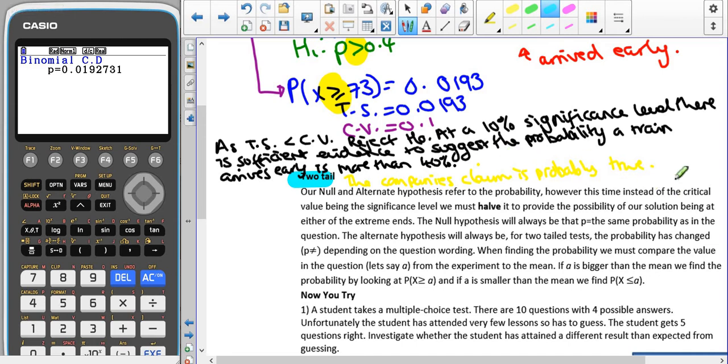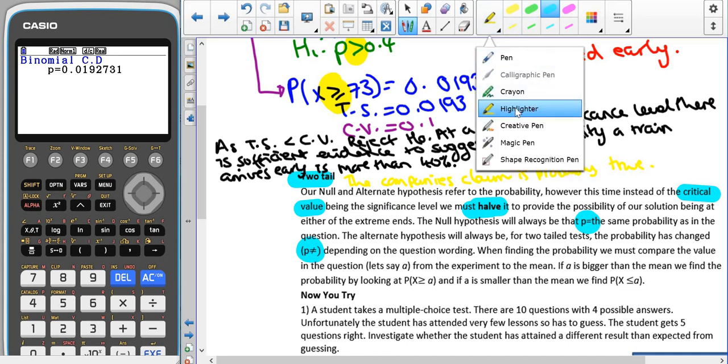However, this time, instead of using the significance level as the critical value, the critical value is going to be half of the significance level. The reason for that is that this time our H0 is going to be that the probability is equal to whatever the probability in the question was, and our alternate hypothesis is going to be that the probability is not equal to whatever it is that we were looking at.